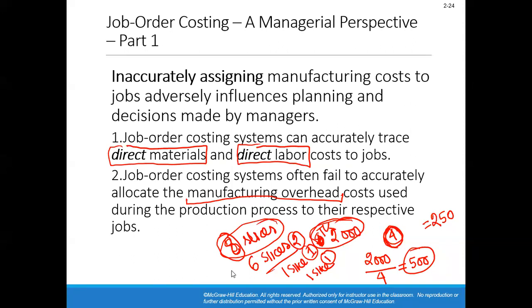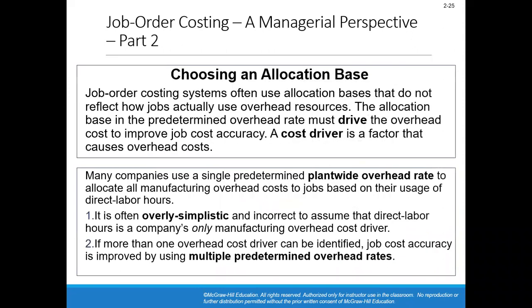But if you forcefully apply the number of chairs as an allocation base, what will happen? I'll be worse off. My friends would be better off. So it happens. It's not that we need to be overly simplistic regarding the taking of an allocation base, because if your allocation base is not the true cost driver, in that case your planning will not be good.